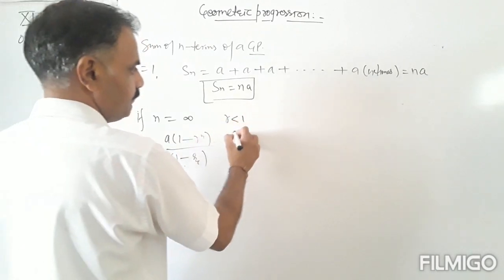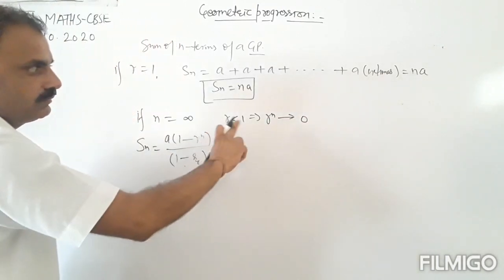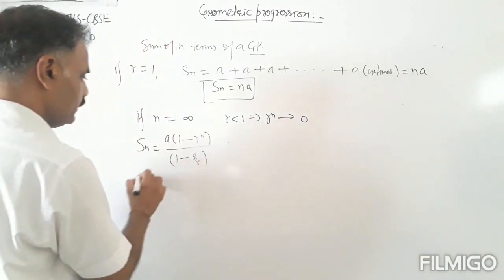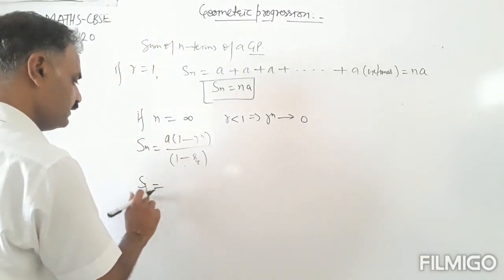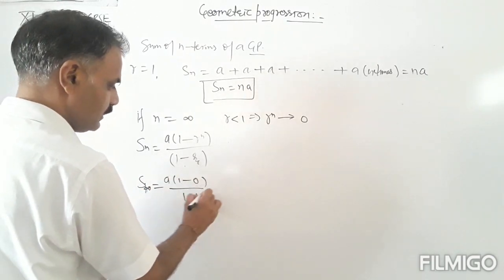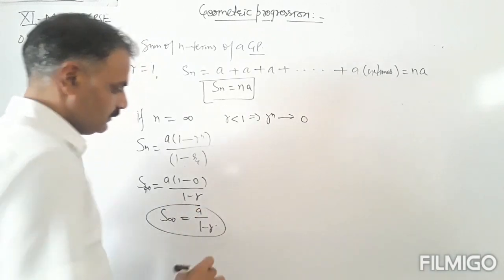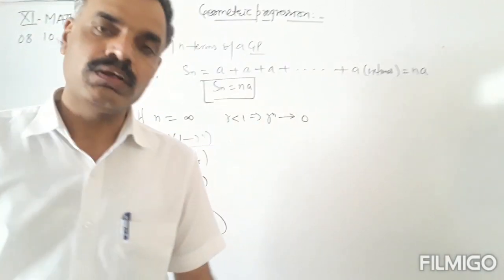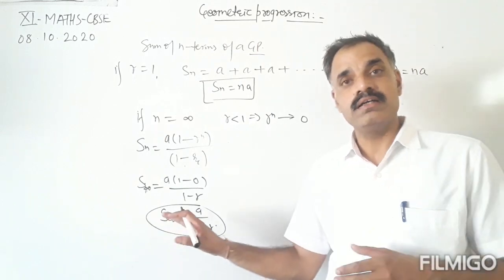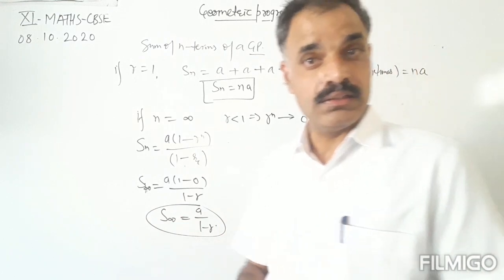Here r less than 1 implies that r to the power n tends to 0, or is approximately equal to 0. Then S infinity is equal to a into (1 minus 0) upon (1 minus r). So S infinity equals a upon (1 minus r). This is the formula for the sum of an infinite number of terms in a GP.